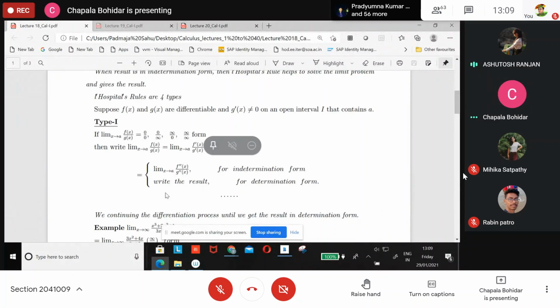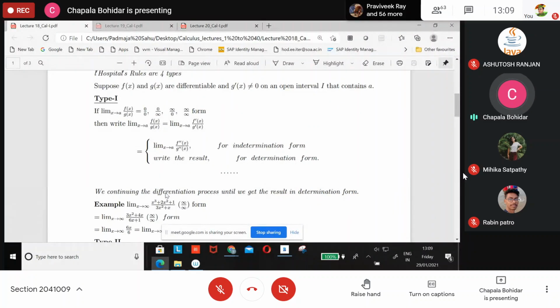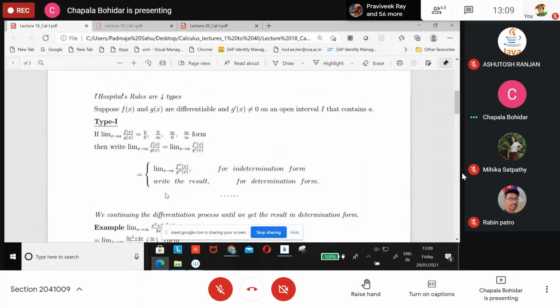Okay, we'll discuss an example here. Limit x tends to infinity of x cube plus 2x square plus 1 divided by 3x square plus x.